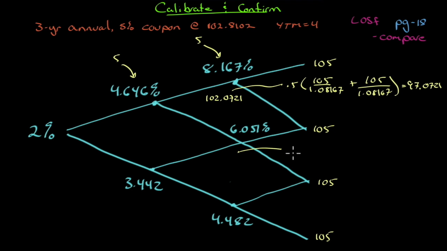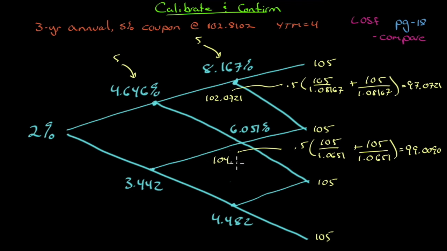We do the same thing here, 0.5 of 105 over 1.0651 plus. I don't have to do this. Again, I'm taking 2, adding them together, and then dividing by 2. For the last nodes, you really don't have to do that extra work. 99.0090. Add the 5, 104.0090. And our value here is 105.